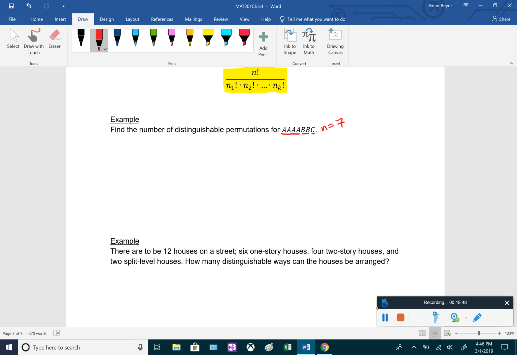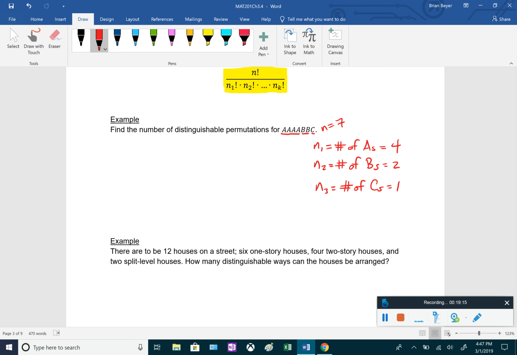So I'm going to say n sub 1 is going to equal the number of A's, which is 4. N sub 2 is the number of B's, which is 2. And n sub 3 is going to be the number of C's, which is just 1.